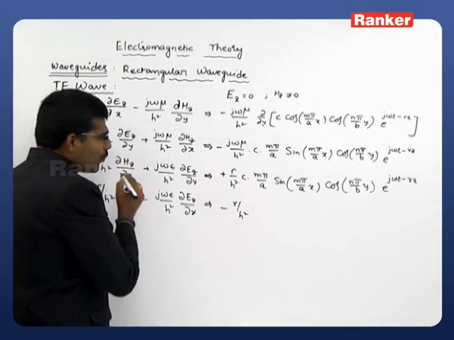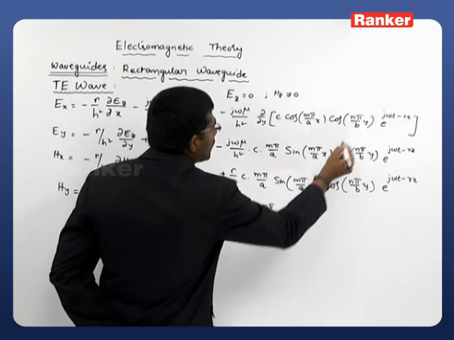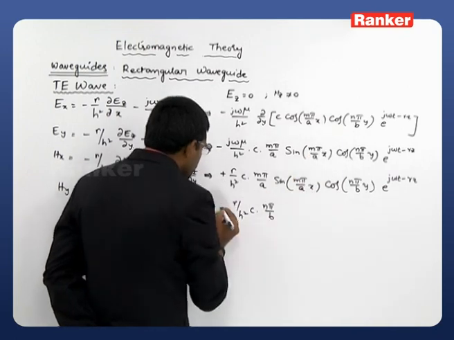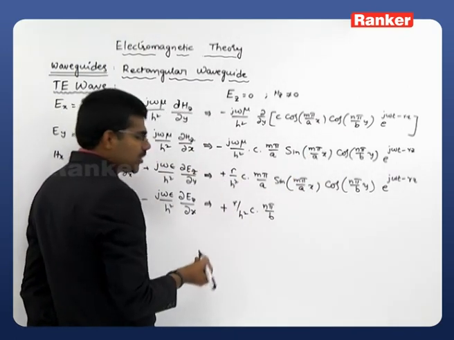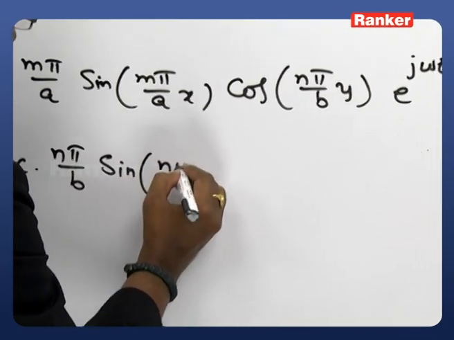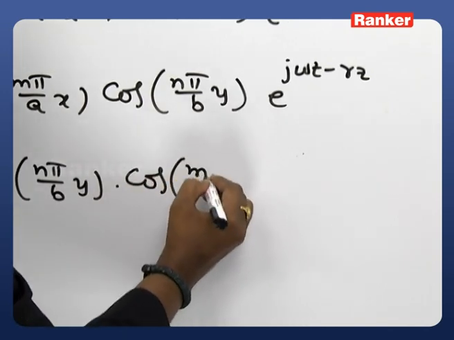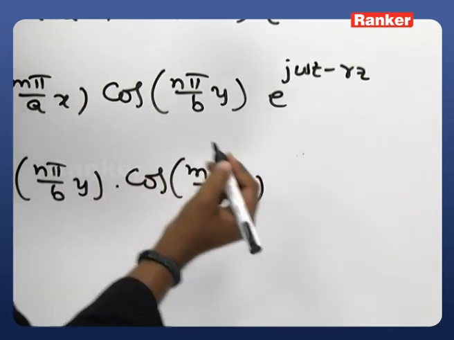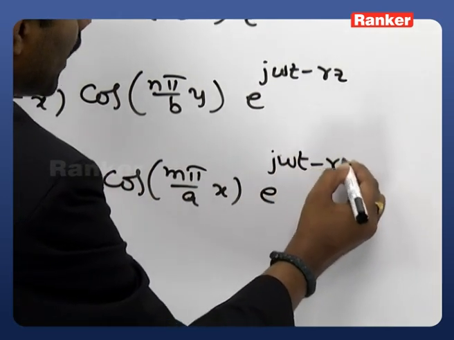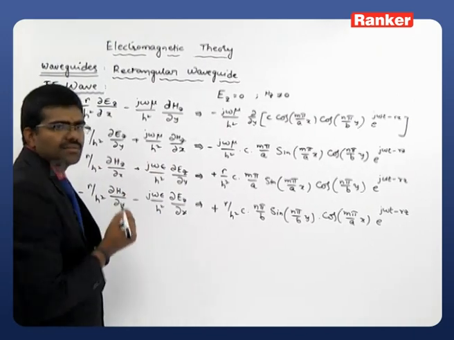This is with respect to y, so what I get is C n pi by b, that the y term n pi by b is left for us, and here the negative sign becomes positive, sin n pi by b y cos m pi by a x, just swapped, e power j omega t minus gamma z. This is the term which is left for us, right?